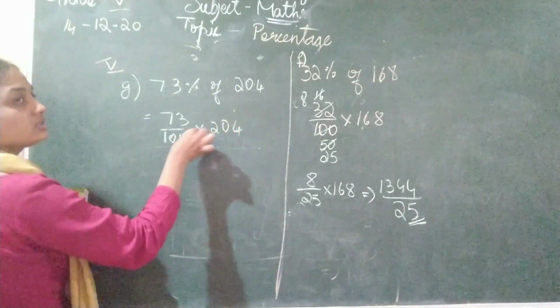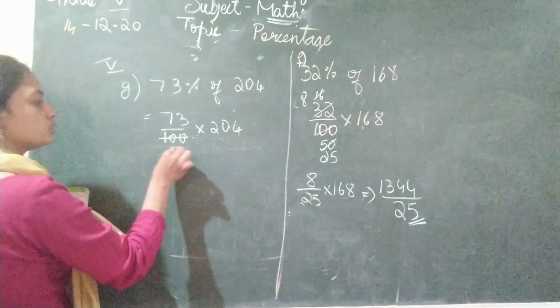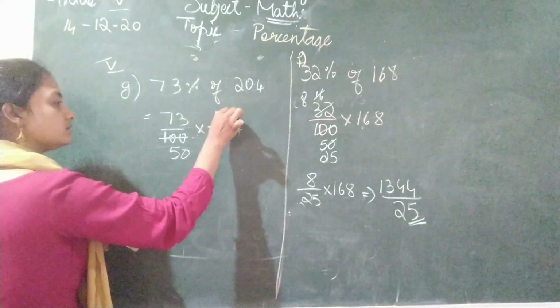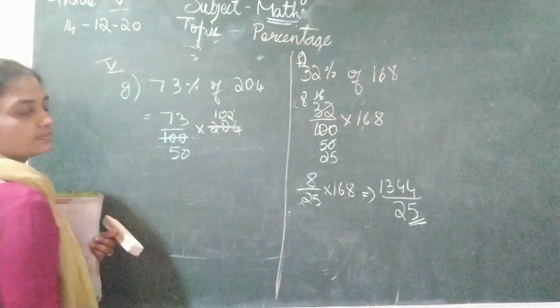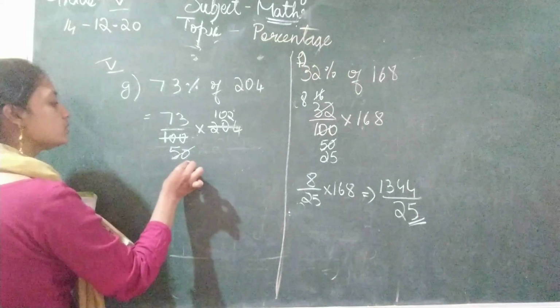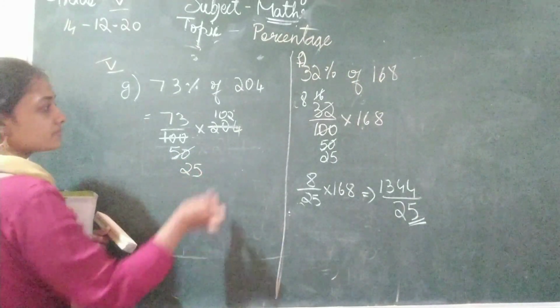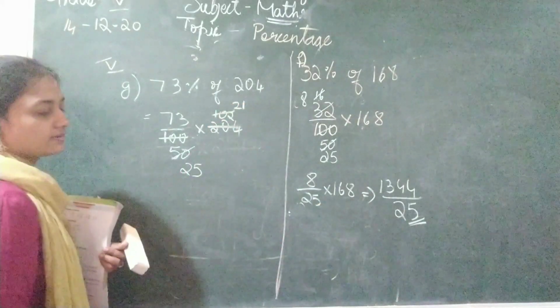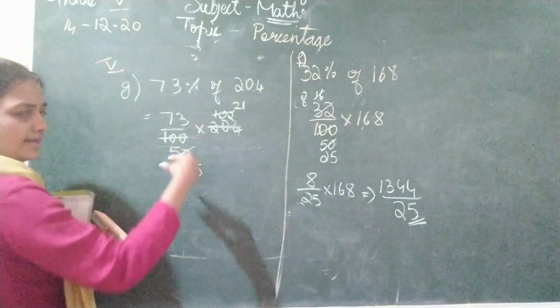I can cancel this: 2 ones are 2, 2 50s are 100, 2 102s are 204. Again I can cancel this: 2 25s are 50, 2 1s are 2, 2 51s are 102. So I can't cancel anymore.